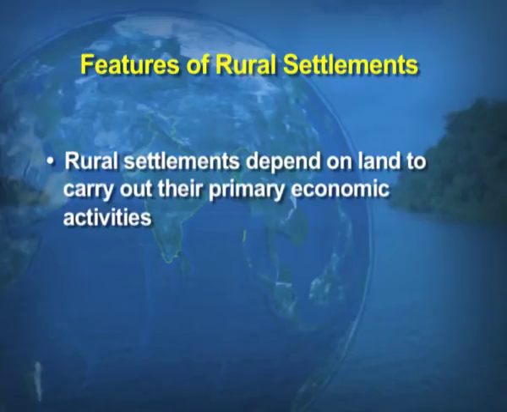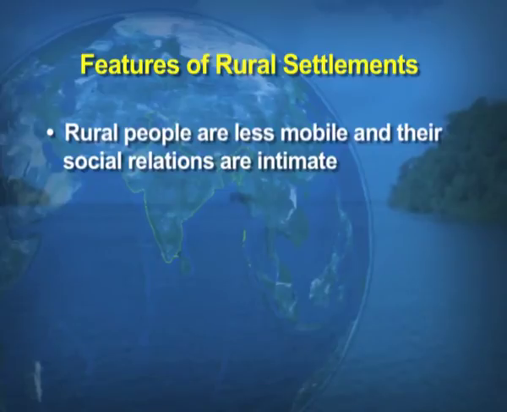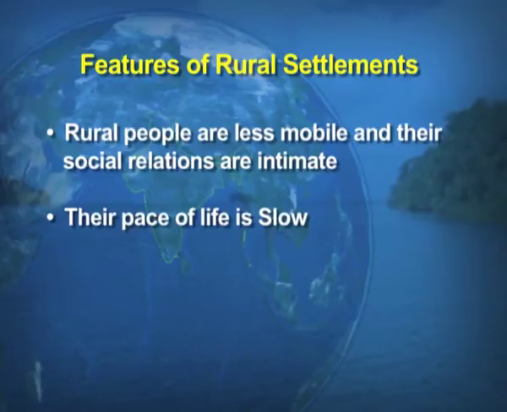Rural settlements depend upon the land to carry out their primary economic activity, and in the villages we have plenty of land for the production of all these products. Further, the rural people are less mobile because they do not believe in mobility like the people of the urban areas, and their social relations are intimate, unlike the urban settlement people. Their pace of life is very slow, but still they enjoy their life.